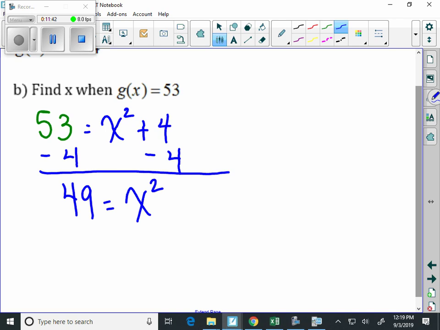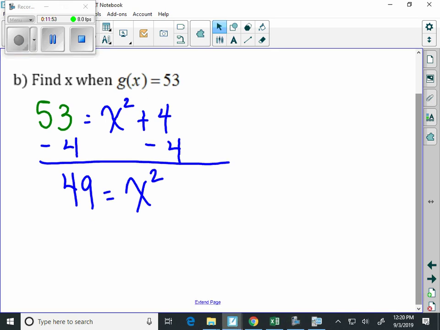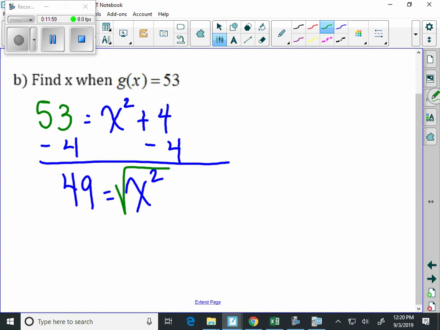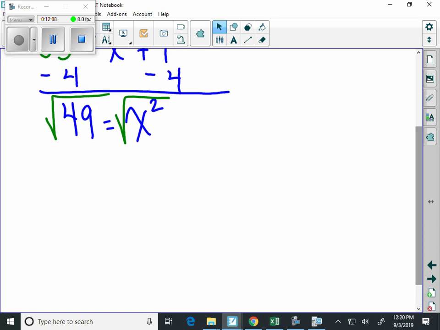And some of you probably already know the answer. If you don't know how to solve this equation, what we have to undo is the squaring. And to undo squaring, we take the square root. We square root the right side, then we have to square root the left side, which will give us our answer of x equals 7.